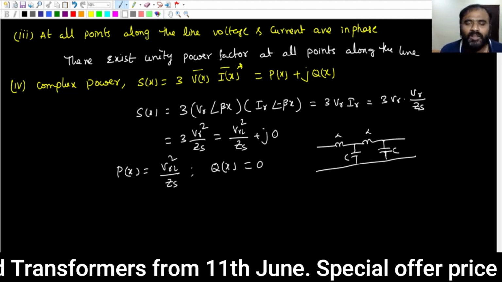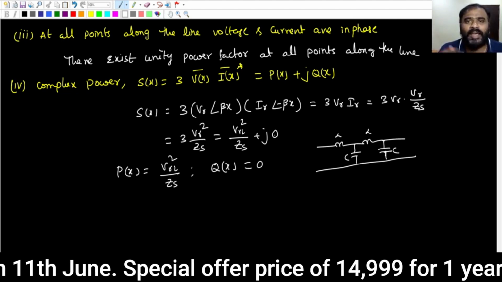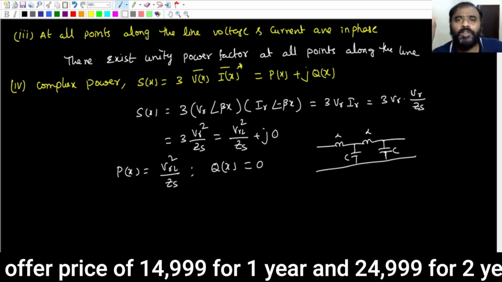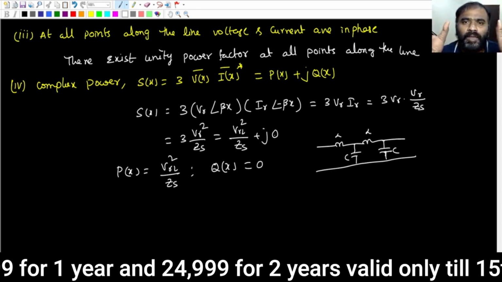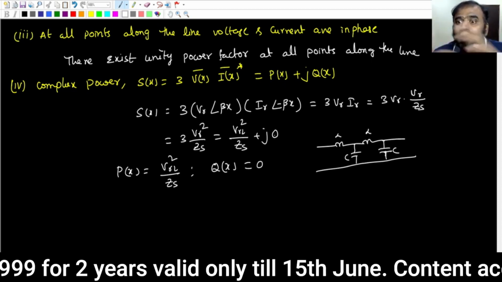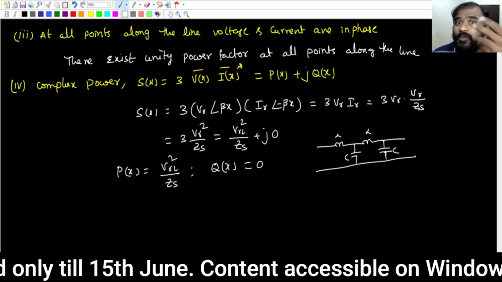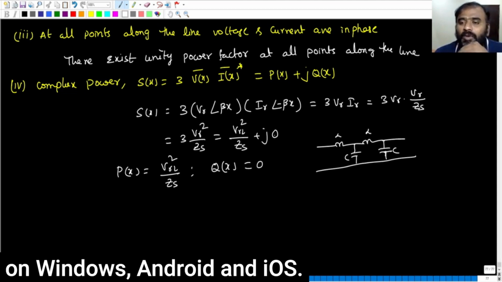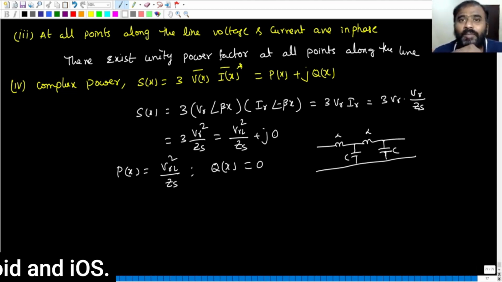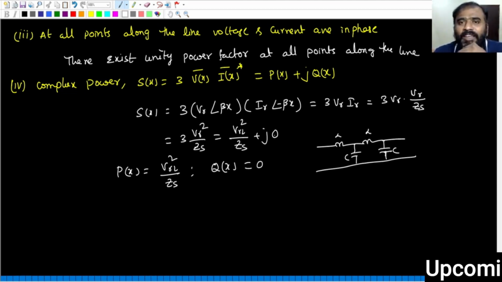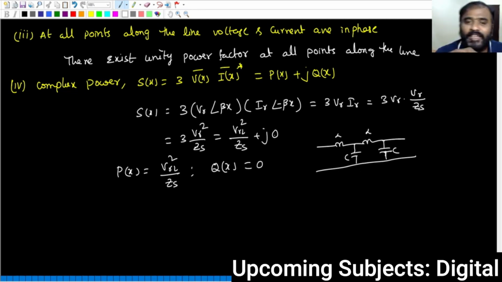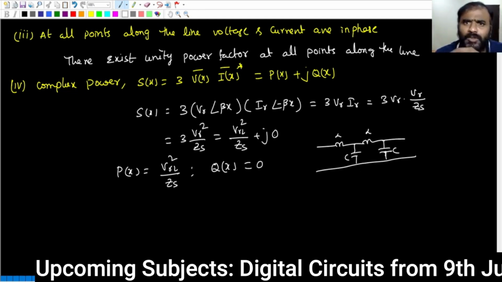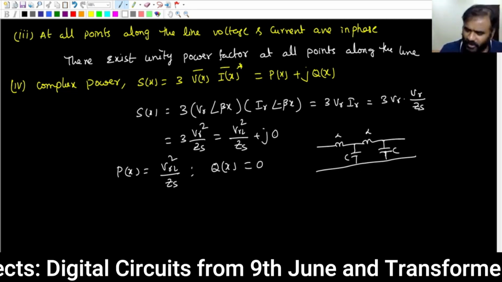The line generates reactive power and the line consumes reactive power, fine, but both are matching. In what form does the line consume the reactive power? Because of its inductive nature. In what form does the line supply the reactive power? Because of capacitance. That's the point: the reactive power consumption and generation are the same here. Even we can prove this mathematically. Yes, let's see how to prove this.